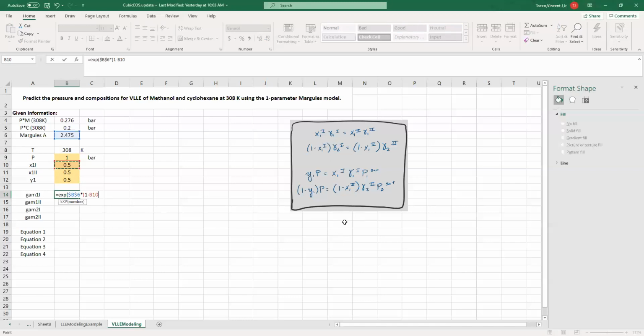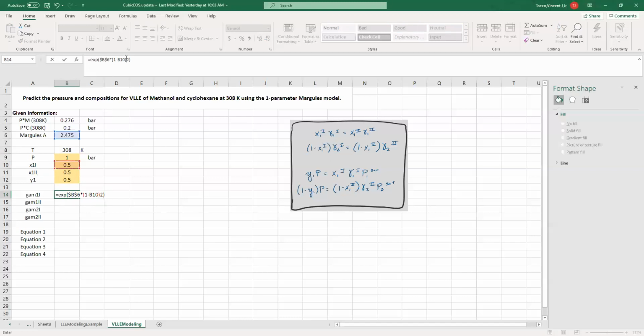Go back in your notes where I have the 1-parameter Margules equation: ln of gamma 1 is equal to A times x2 squared. Also, don't get confused by the superscript Roman numeral 2, which denotes phase 2, and squared. So if I were to write the equation, you have to think about that quickly.